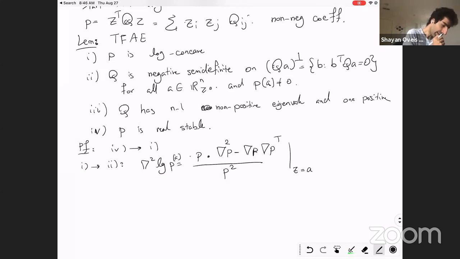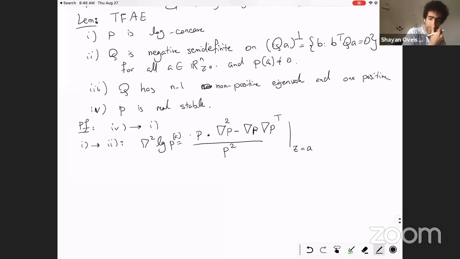Now, remember, the gradient is a vector: partial z1, partial z2, up to partial zn. So gradient times gradient transpose gives an n by n matrix. Now in our case, what do we know?